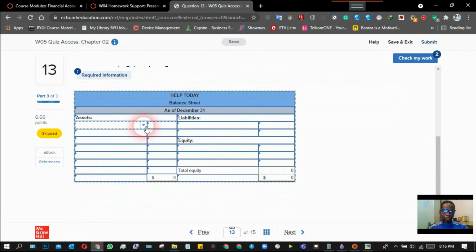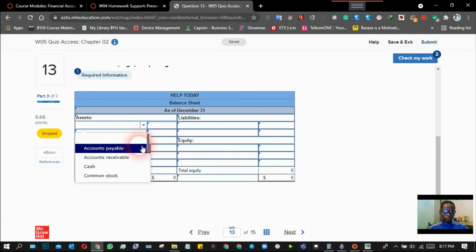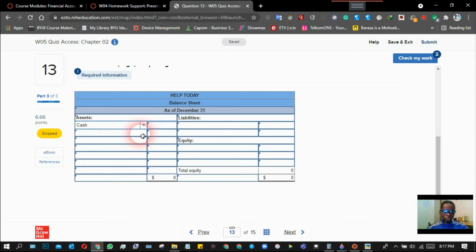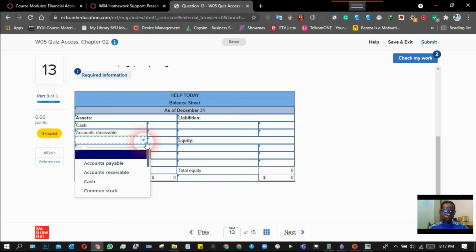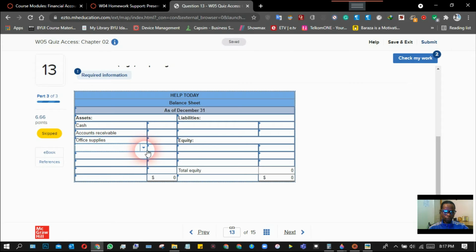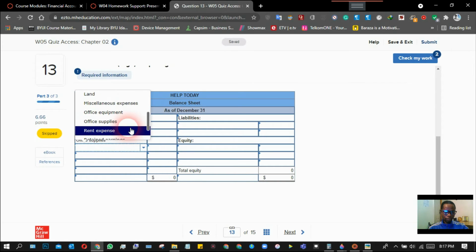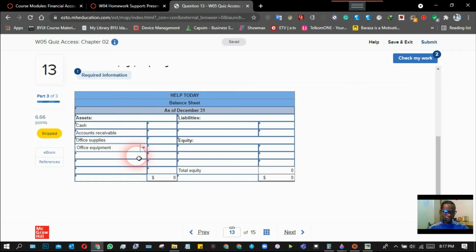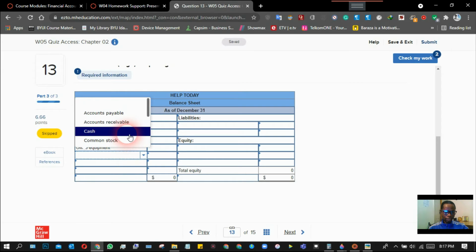I'll just put that information here. We've got cash, accounts receivable, office supplies, we've got office equipment, and then we've got land.